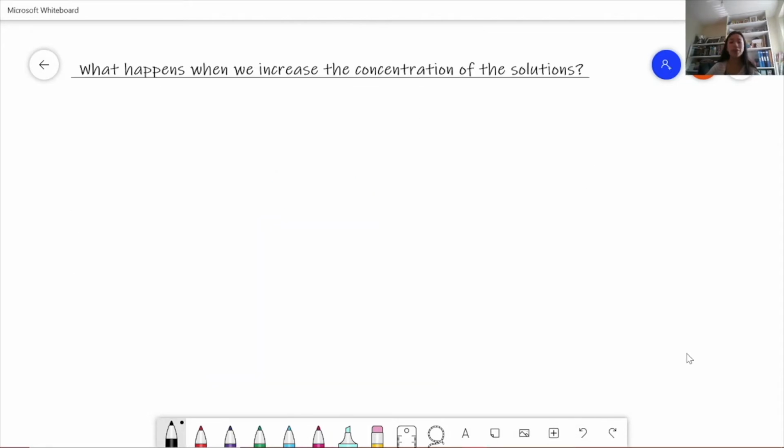So what happens when we increase the concentration of the solutions? Well, let's just say, for simplicity, we have a box and we have all the particles.